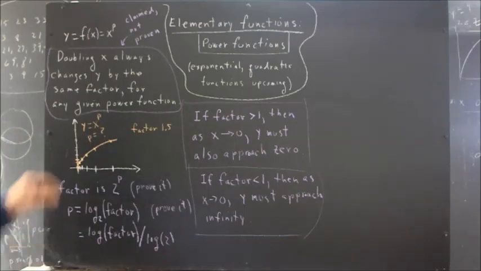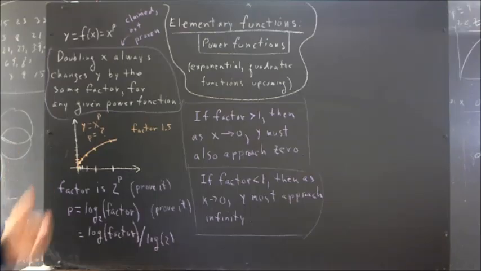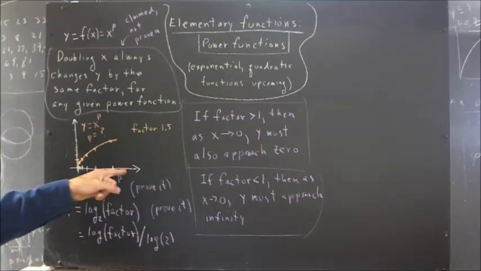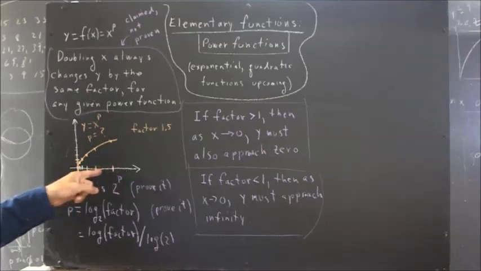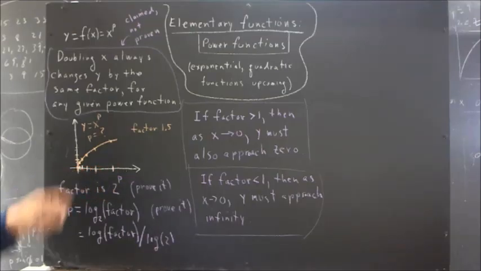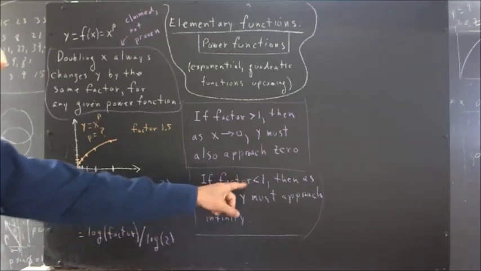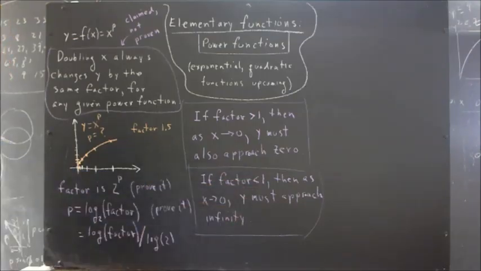And you can start constructing a graph by that rule and see what happens. You might think of starting with some x value and cutting it in half, cutting it in half, cutting it in half. If the factor is less than 1, for example 1/2, then what would happen?